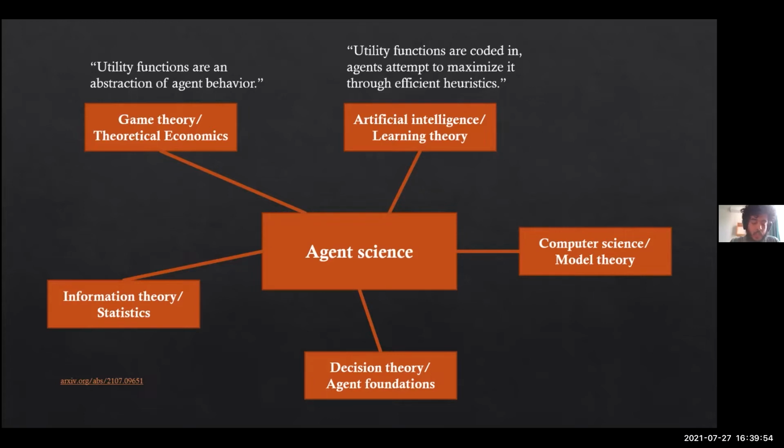That is to say, you're not necessarily thinking about what the right computational tools are in order to maximize utility. You're simply accepting that an agent maximizes utility, and go on to describe the interactions and welfare and so on from that point.